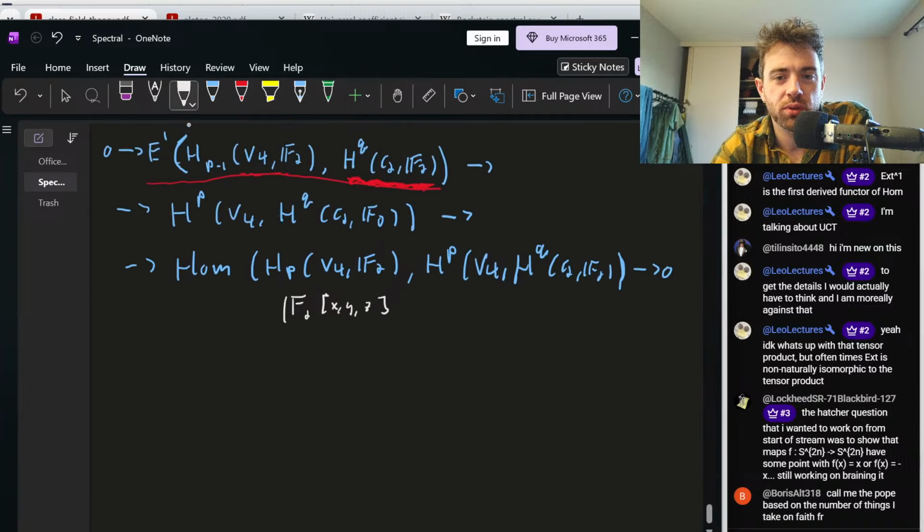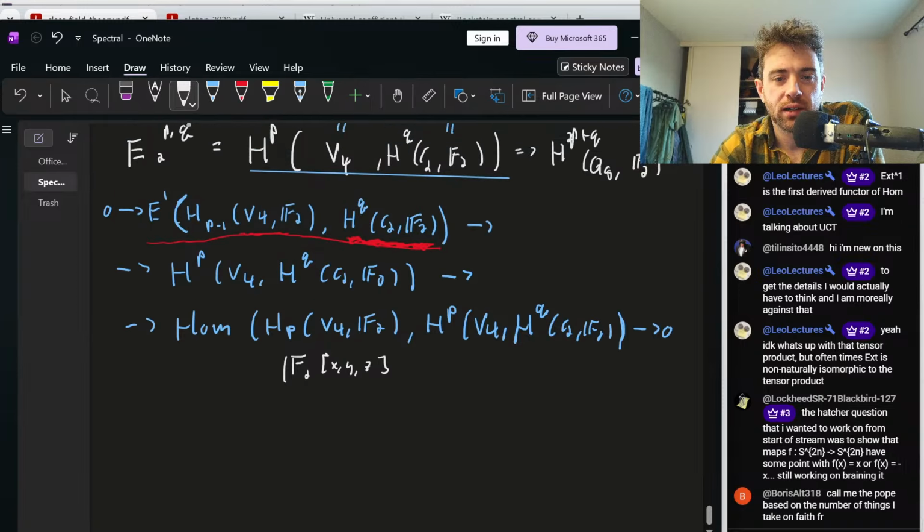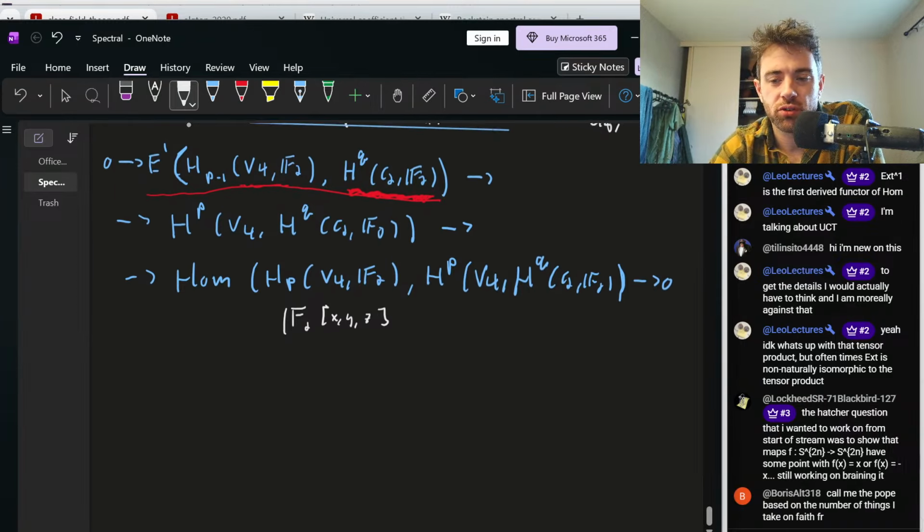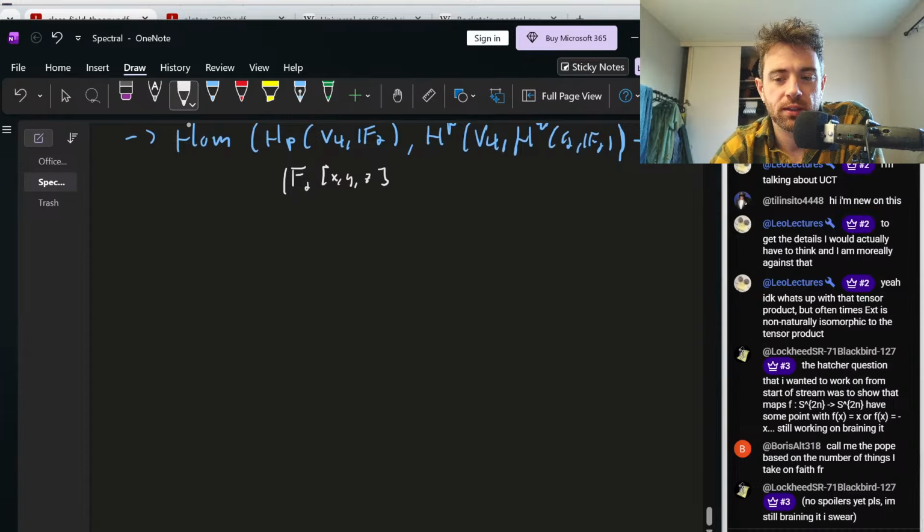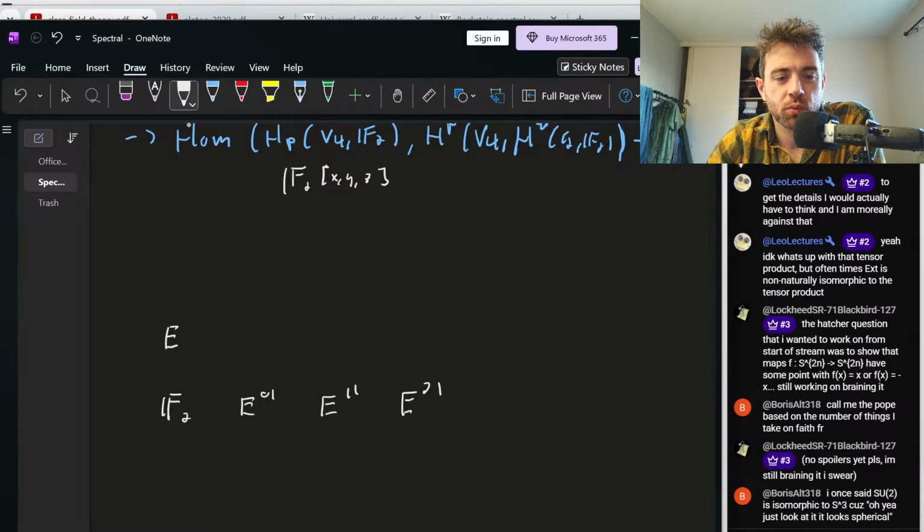I'm guessing we just multiplied degrees accordingly. So it seems like we'll have F2 here, E01, E11, E21. Well, maybe we can fill in some of this stuff here.